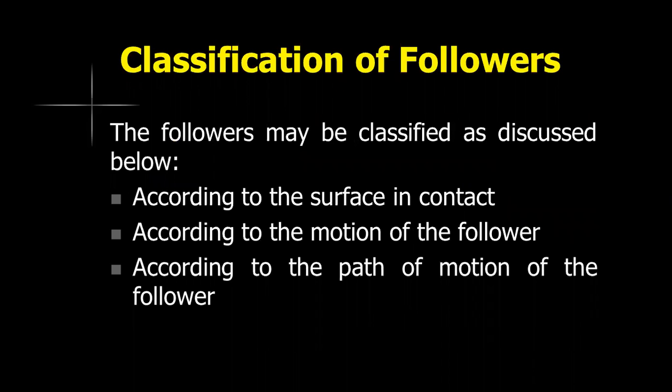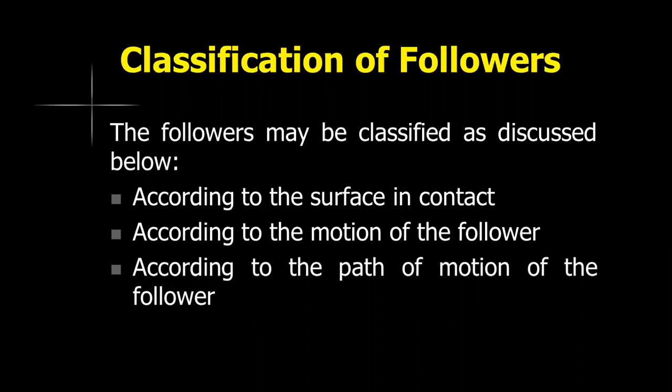So this is the classification of followers. There are many types of cams as well as many types of followers available. The followers may be classified as discussed below. The first one is according to the surface in contact, that is, which type of contact the cam and follower have.